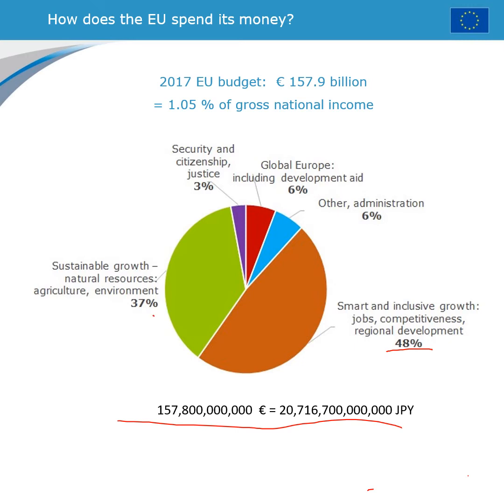The second chunk, at 37%, is basically agriculture. Here, the country that benefits the most is France, because France has the biggest and wealthiest agricultural sector of all European countries.